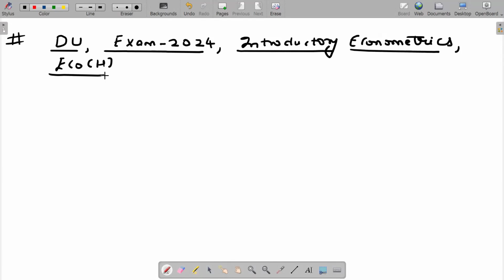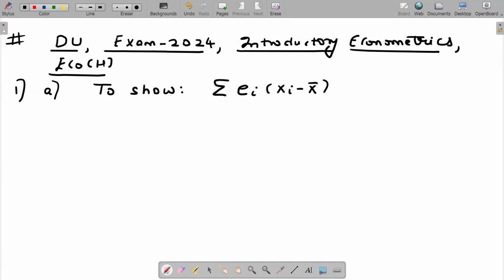Okay. So we are looking at question one, part A. What do I need to show? I need to show that summation, the sum of product of the residuals with the deviation of xi from the mean, is 0. We have done this proof in our lectures on linear regression. If students have subscribed to my complete course for introductory econometrics, you will find all the proofs I cover in my lectures on linear regression.